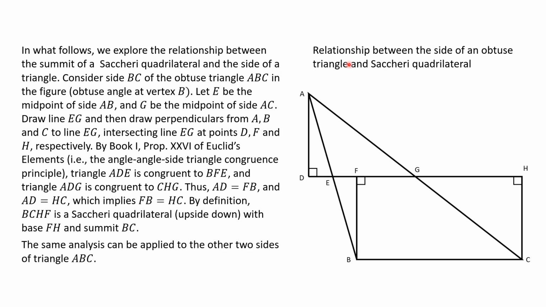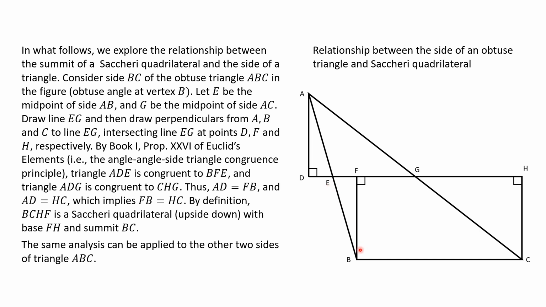On this slide and following, we're going to talk about the relationship between a triangle and an associated Saccheri quadrilateral, which I'm going to construct one example of on this slide here. So we have a triangle A, B, C, this here that I'm outlining.